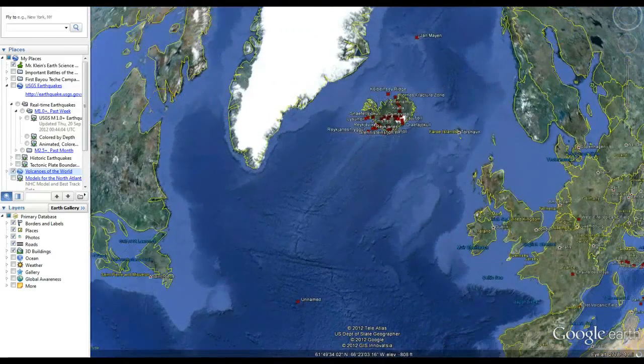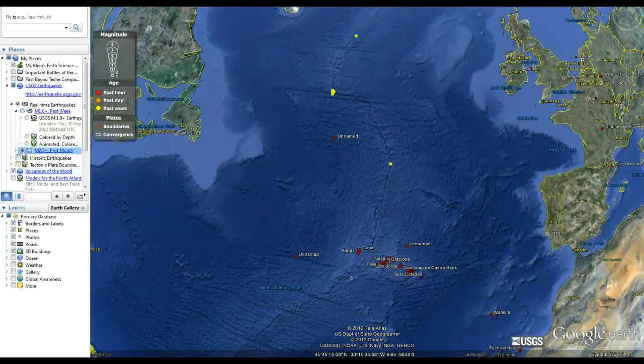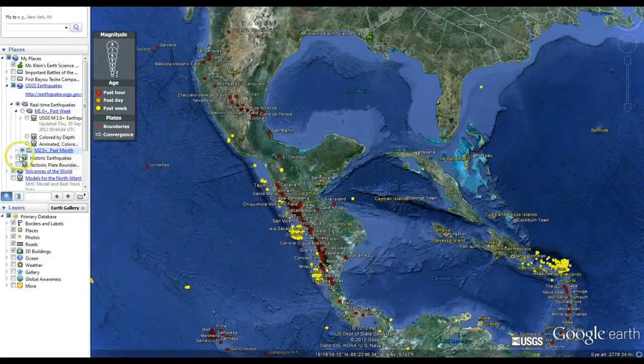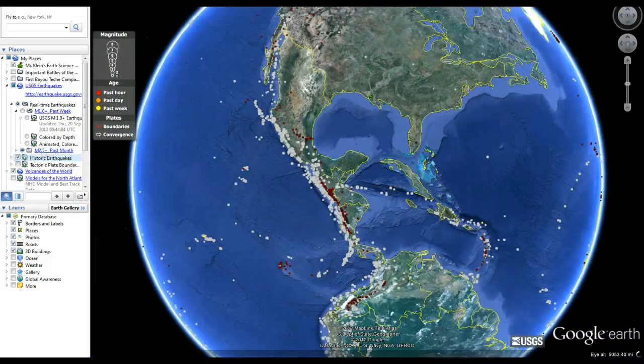And so whenever we correlate the volcanoes with that, we notice something's up, that this continental drift theory might be working. But then whenever we look at earthquakes over the past couple months, we start seeing a little bit of correlation. And then whenever I put on historic earthquakes, a pattern begins to emerge.